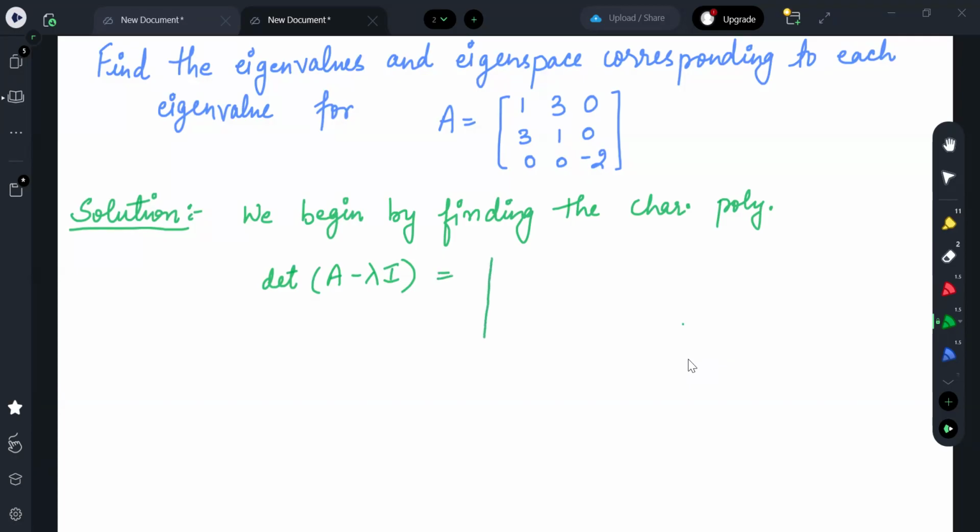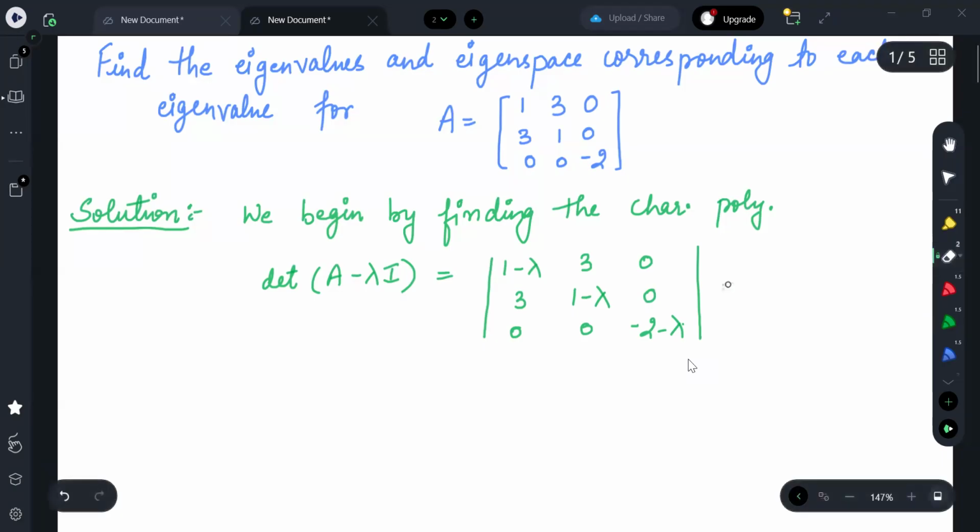Determinant of, because you're subtracting lambda from the diagonal entries, everything else remains the same, only the diagonal entries have a negative lambda. And we will equate this to 0 to find the eigenvalues. Well, first let's calculate this.